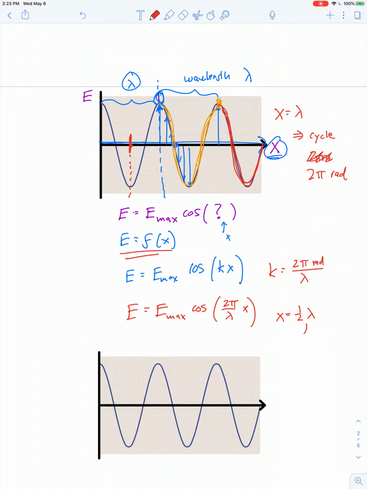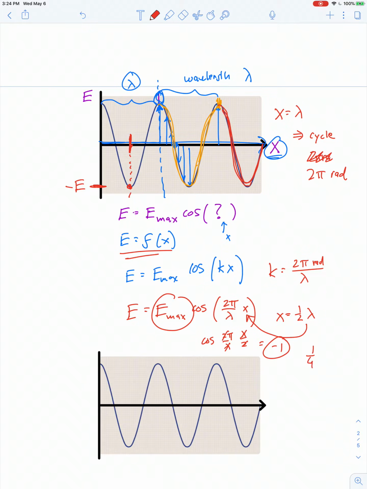Okay, so if we plug in half a wavelength for x, then we'd be taking the cosine of 2 pi over lambda times lambda over 2. Lambda would cancel, 2 would cancel, we'd be taking cosine of pi, and cosine of pi is -1, and so we'd be multiplying -1 times the maximum field, and this is why at that moment in time, the electric field would be -E.